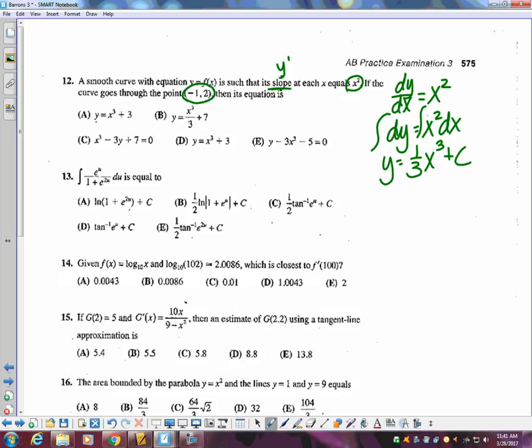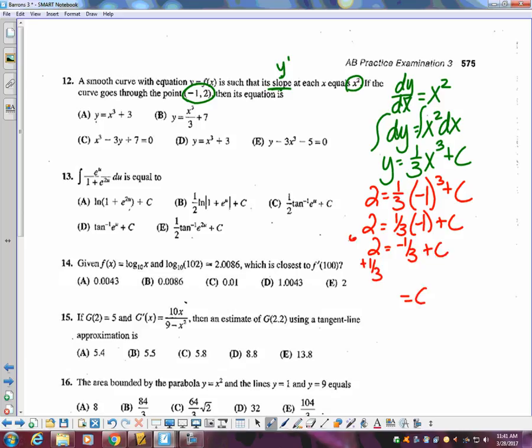So I'm going to take the 2 and plug it in for y, and I'm going to take the -1 and plug it in for x. Okay, so then I'm going to add 1/3 over, and that would be 6/3, so 7/3.